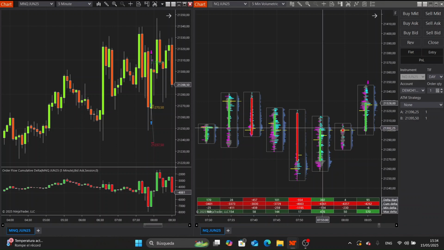And then we went high, boom, what is this? Another iceberg order. If I could zoom in, you would see it would be like 200 contracts. Again, boom, what do we see here? Buyer iceberg contracts.